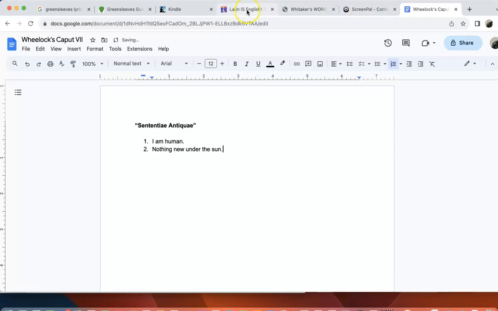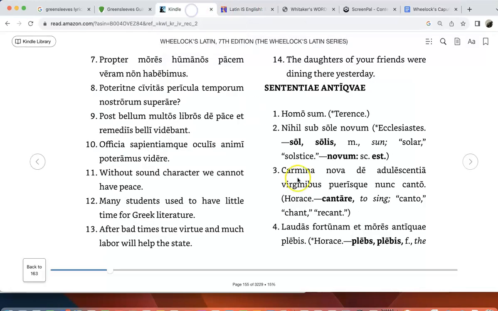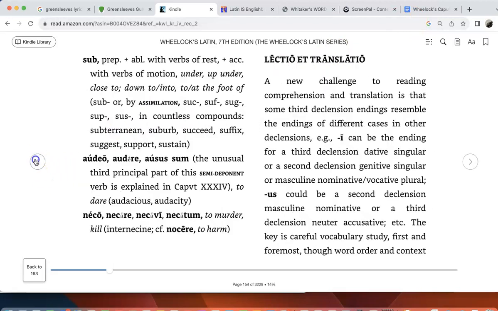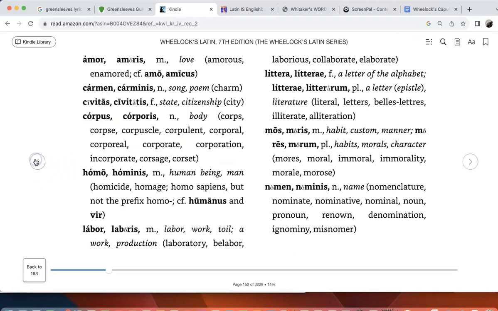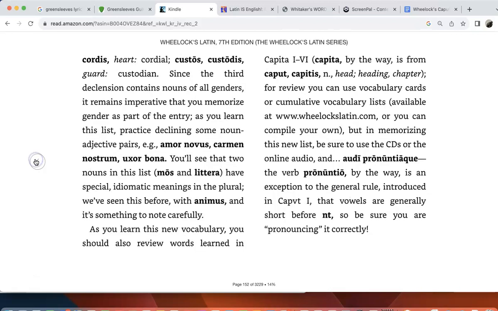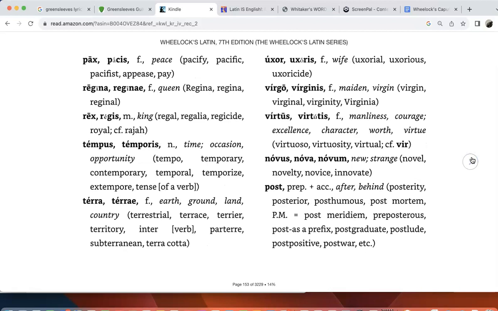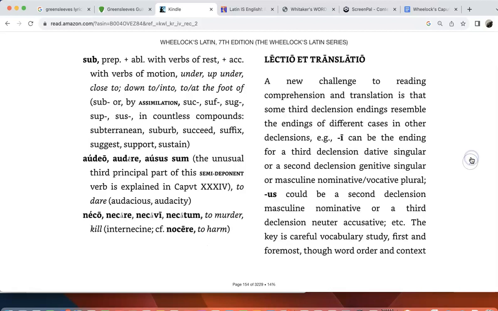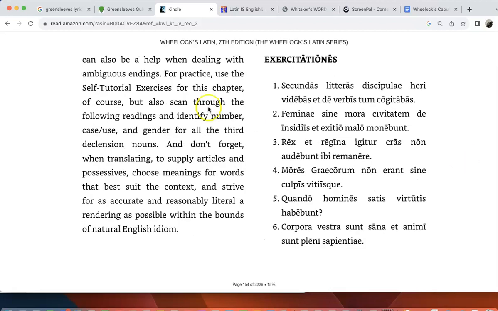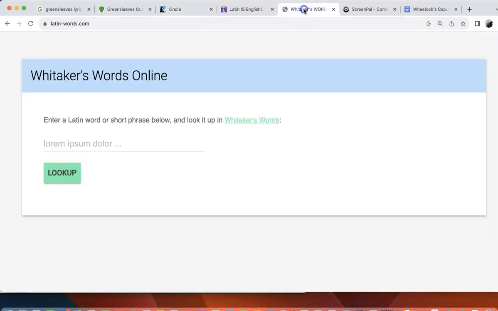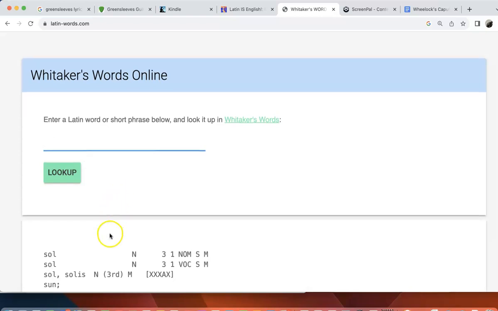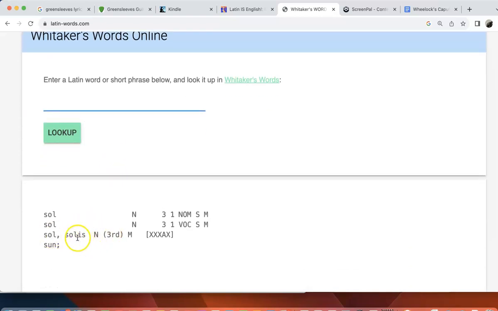So here we have a good easy example of the third declension, because sol, solis is, if we go back and look at our vocab, you can see, where is it here? Should be in here, I would think. Well, they don't have it here, but if you look in Whitaker's Words, which I have queued up here, you can see that it is sol, solis, third declension.